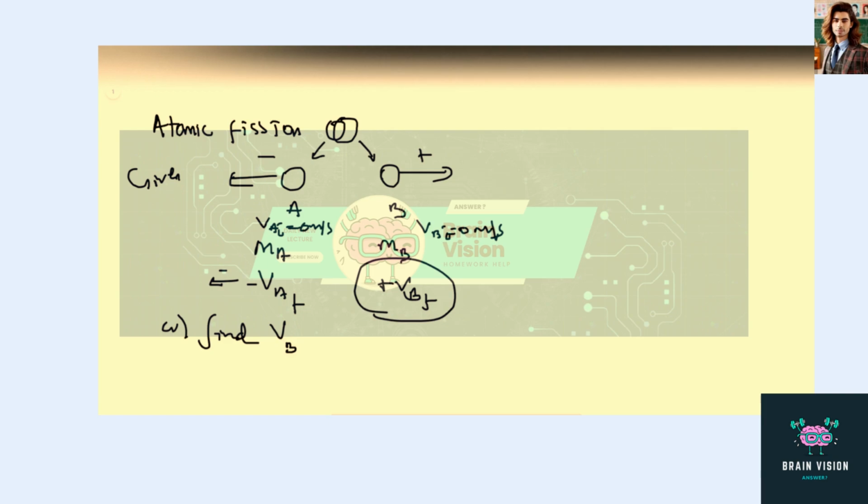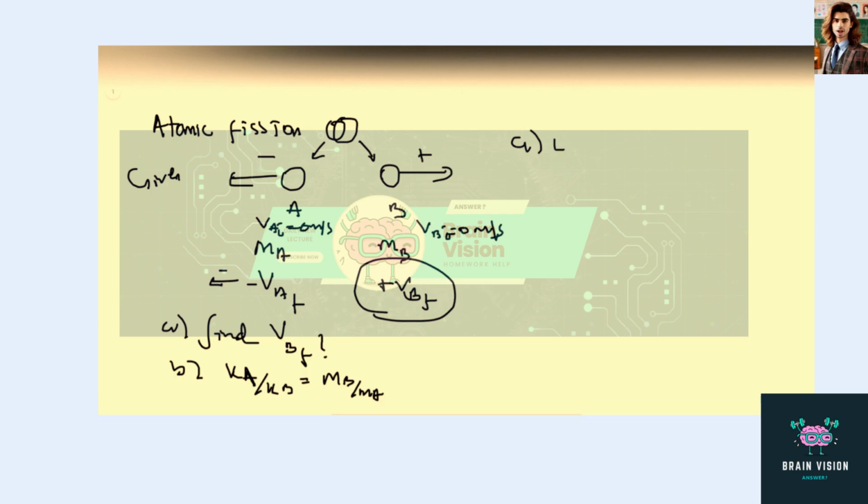So we want to find the final velocity of B in the first part, and in the second part, we want to prove that the kinetic energy of A and kinetic energy of B have the ratio MB over MA. There are no losses of energy.